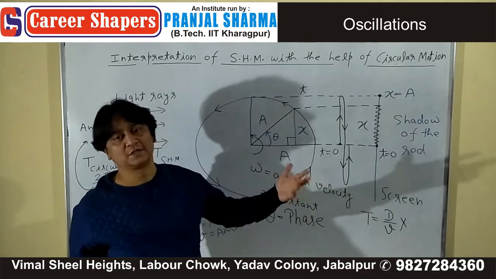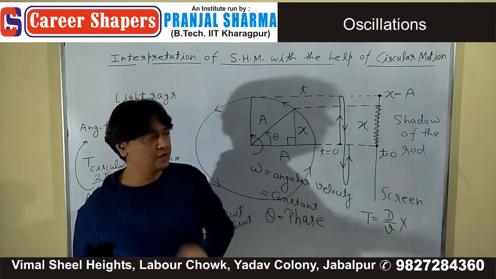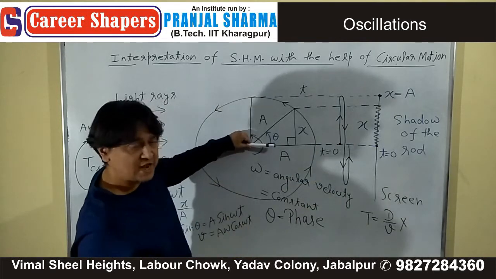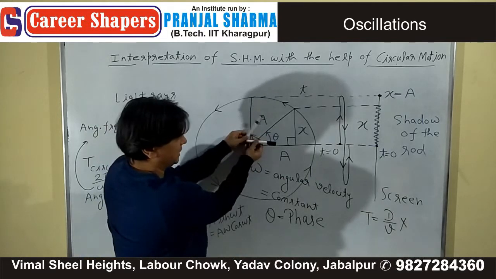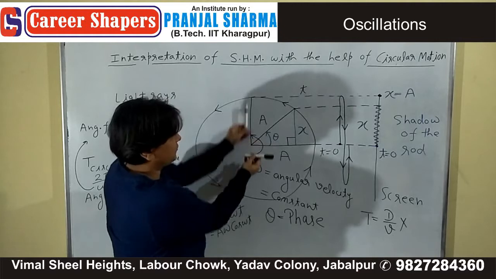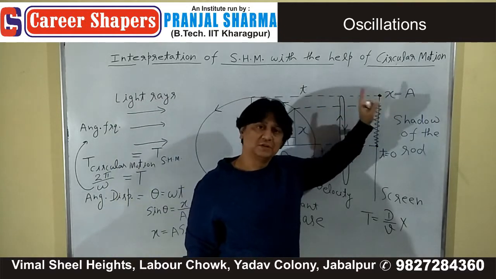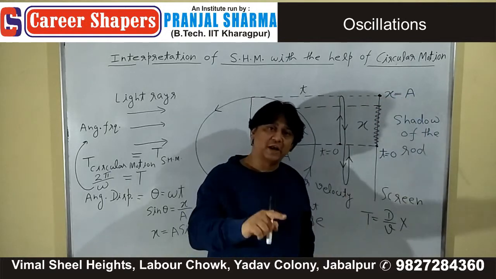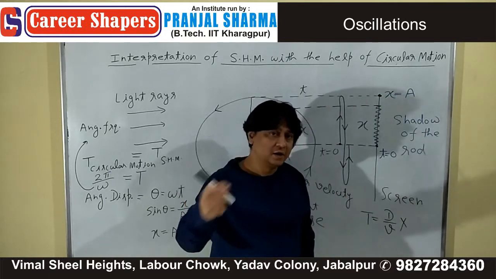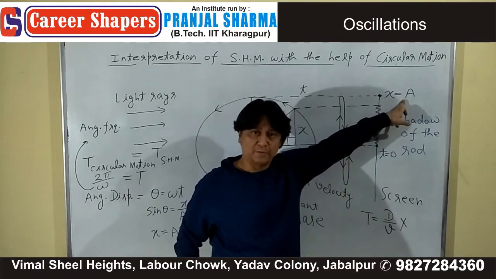Once I say that phase is 90 or pi by 2, that means this angle is what? 90. If the rod is here, then the shadow is over here. That means the tip of the shadow is at the amplitude. When you say that phase is 90, it means the object is at the positive amplitude.